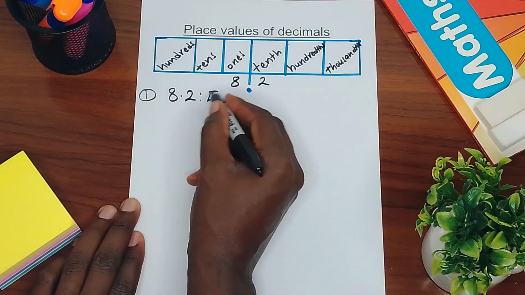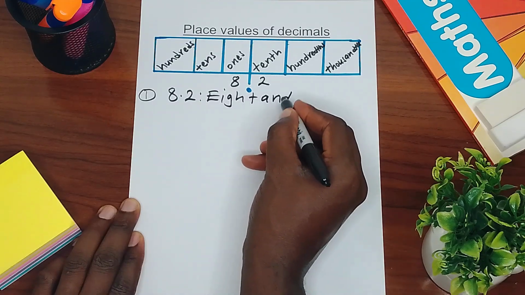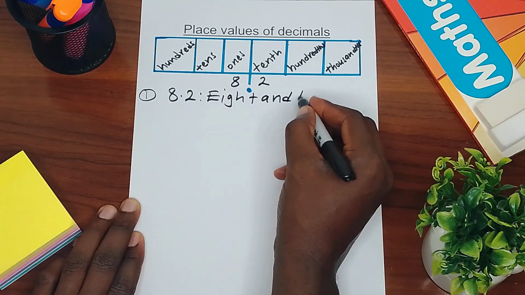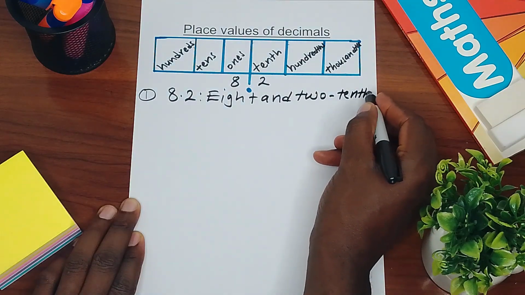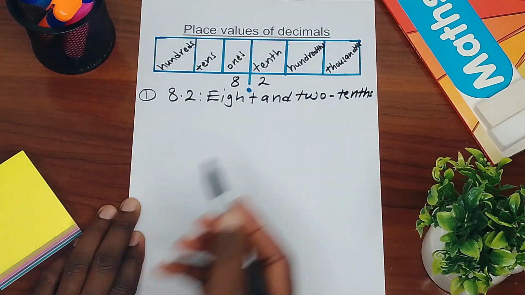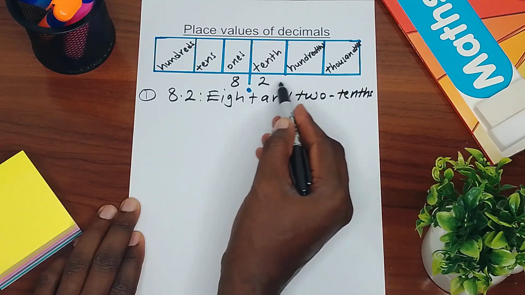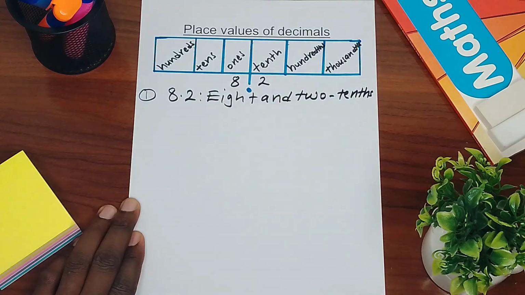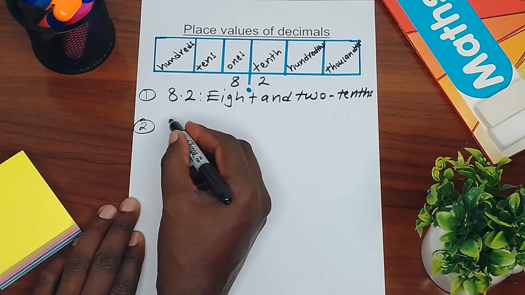We write 8 and 2 tenths. Now, this word "and" is helping us to know that this is a decimal point. Wherever in your number you have a decimal point and you're writing it in word form, you use the word "and."